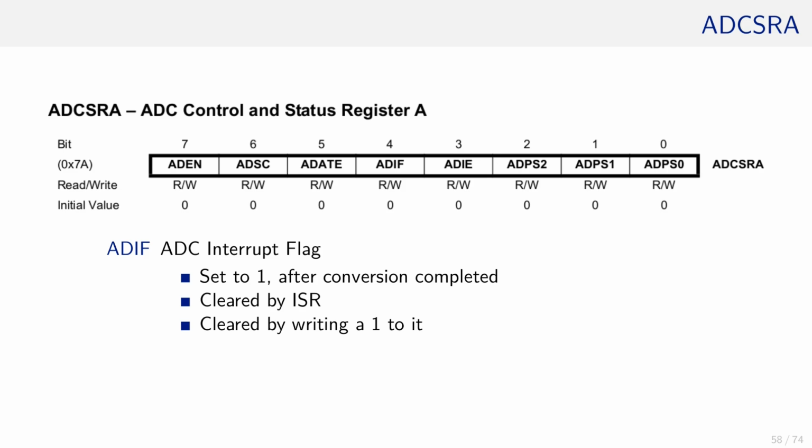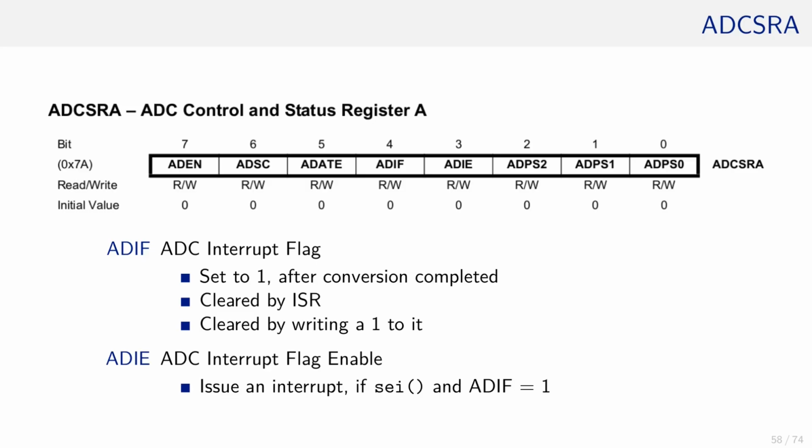That is different to the analog read command provided by the Arduino library, which blocks until the value is available. To use ADIF as an interrupt, also activate ADIE. Otherwise, ADIF needs to be polled constantly.